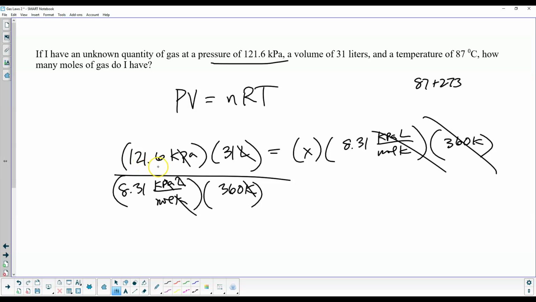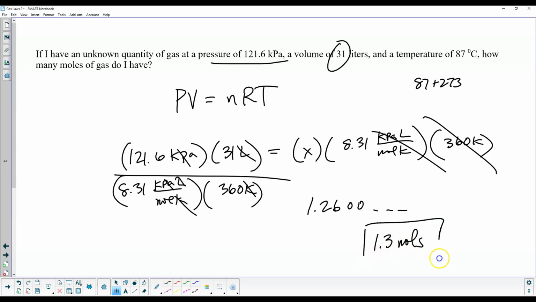So I'm going to take 121.6 times 31 divided by 8.31 divided by 360, and when you do that, you get 1.2600 and so on. We're limited to 2 sig figs because of 31. 1.3 moles is your answer, rounded with the appropriate number of sig figs.